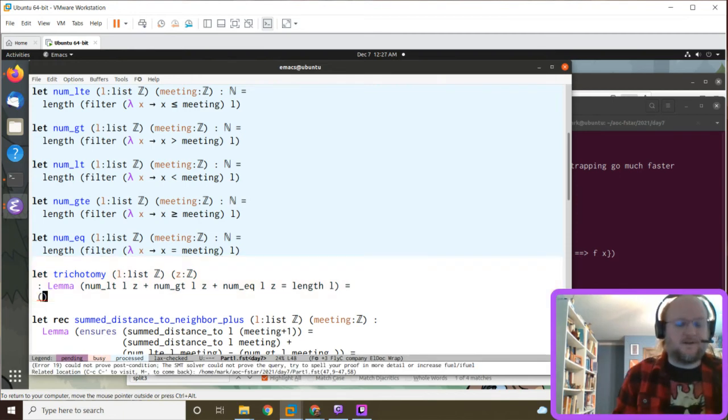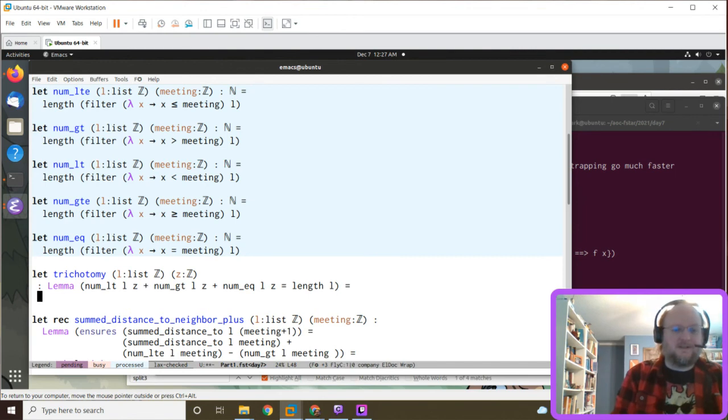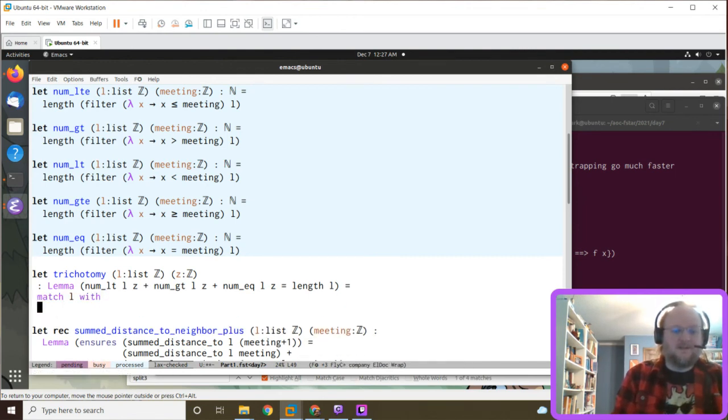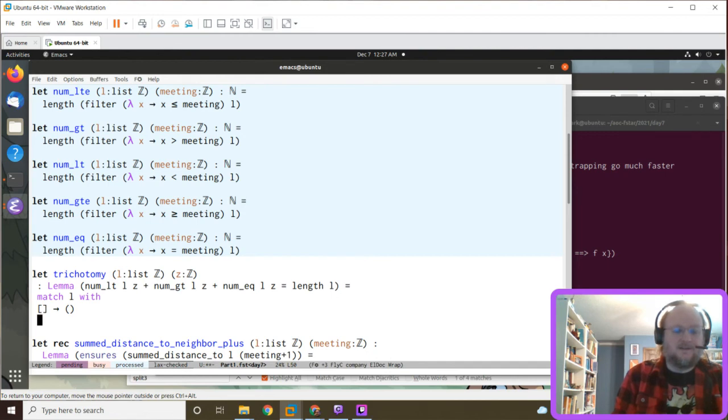All right, I expect we're going to have to prove this inductively. So match L with empty set, nothing, prove it to.